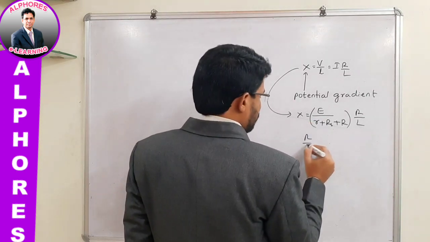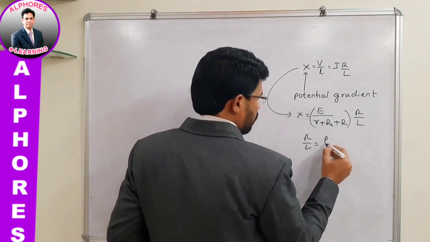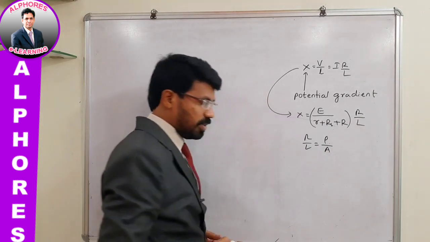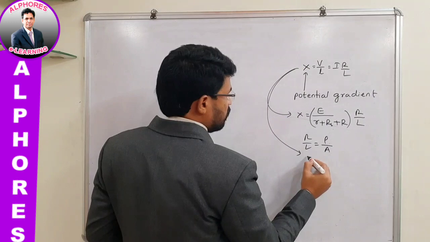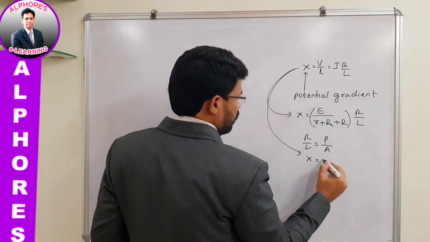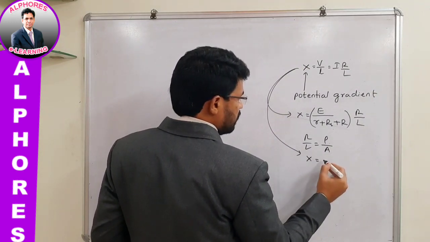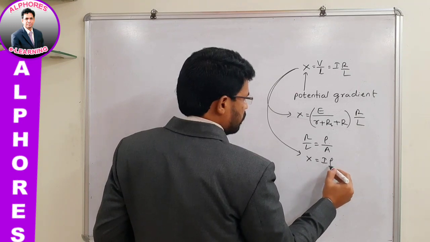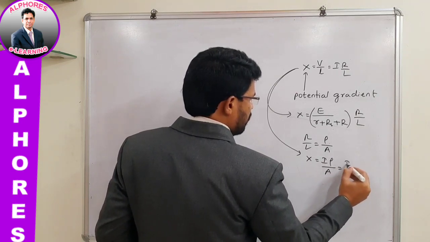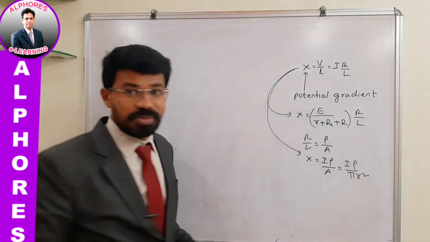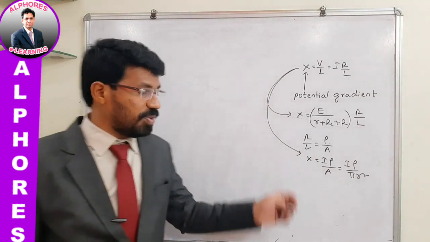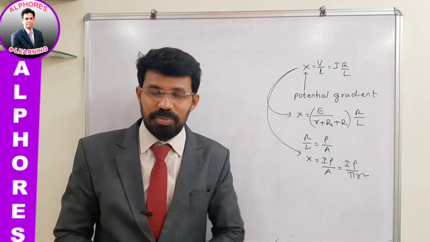R by L in terms of resistivity is rho by A. So the potential gradient X is equal to I into rho by A, or I into rho by pi R square, where R is the radius of the potentiometer wire. These are the details we discussed in the previous session.